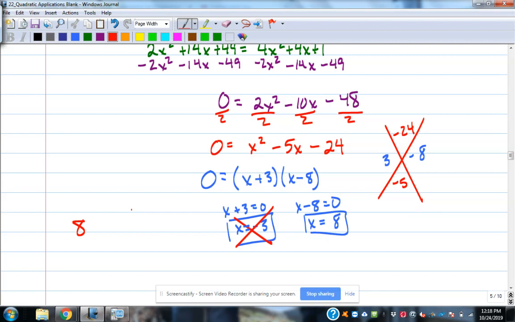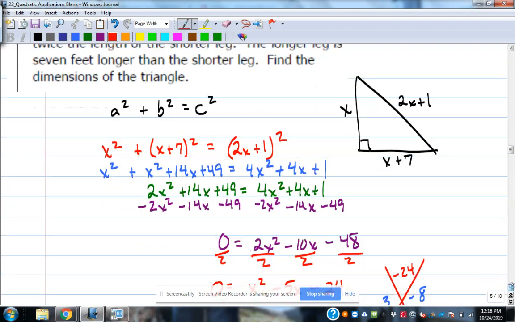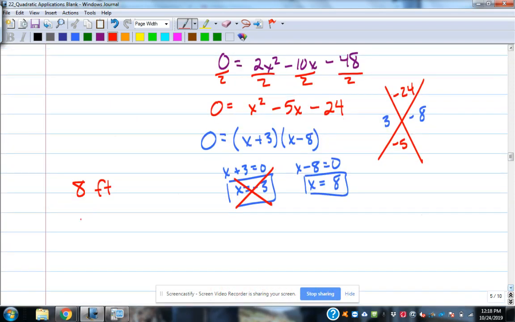What are we dealing with? Feet, because it says 1 foot more. That's the shorter leg. The longer leg would be 8 plus 7, which is 15 feet. And then the hypotenuse is 2 times 8 plus 1, which is 17 feet. That's all I asked for.